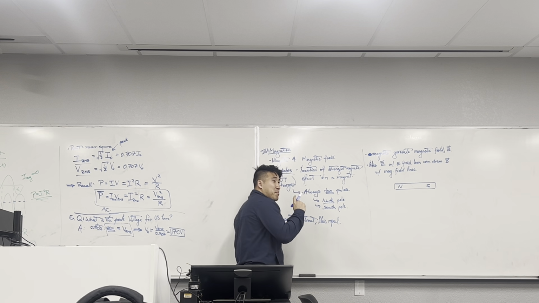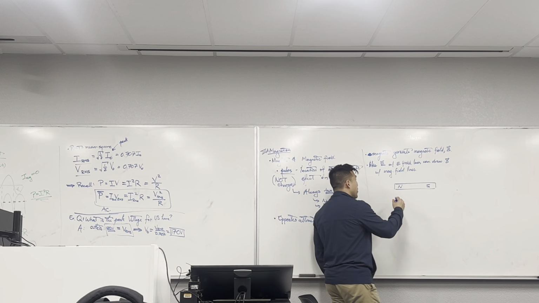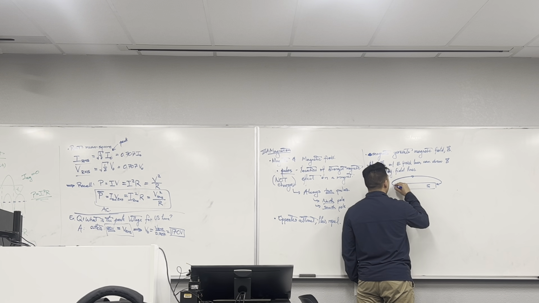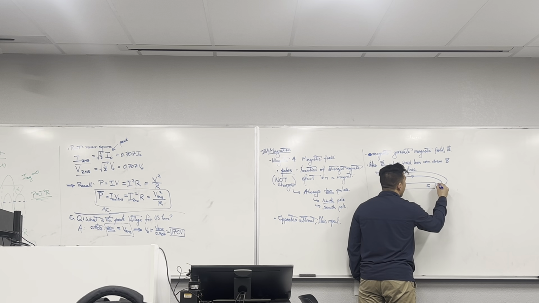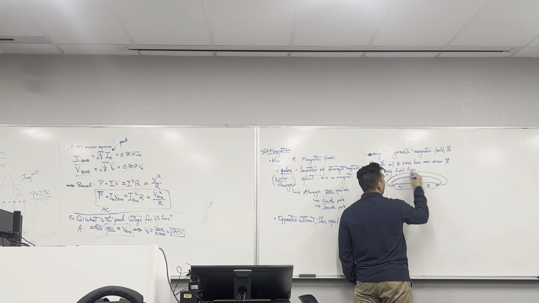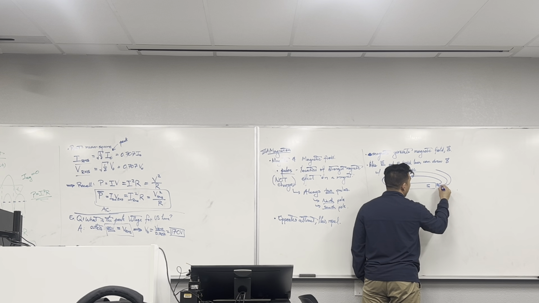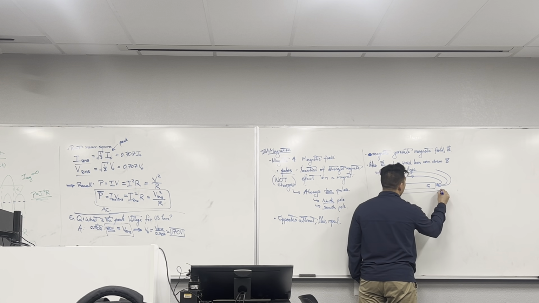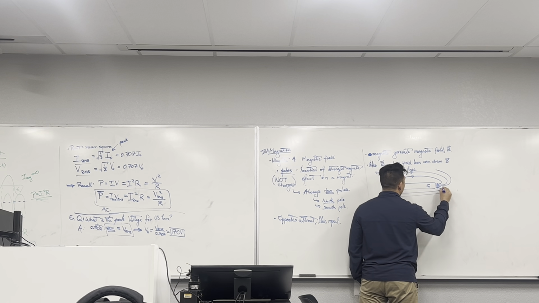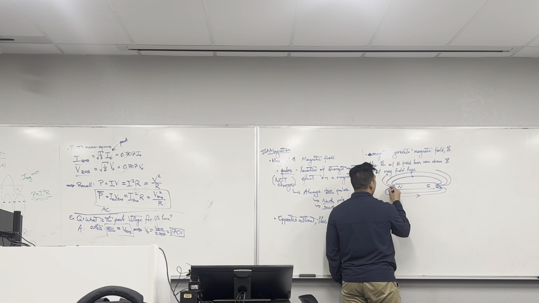Electric field points from positive to negative. The magnetic field points from the north to the south like this.